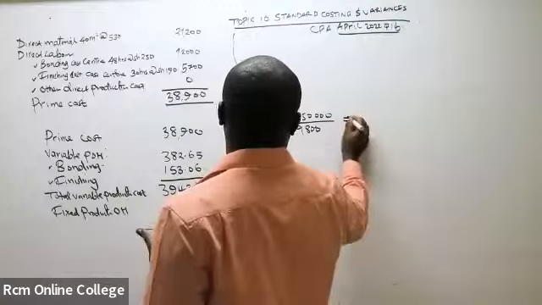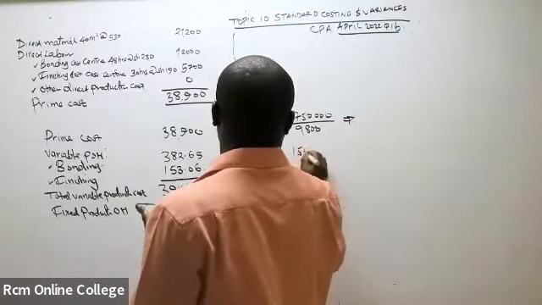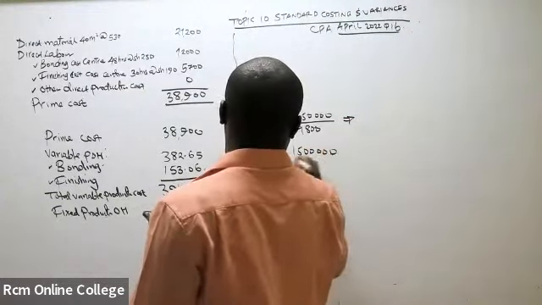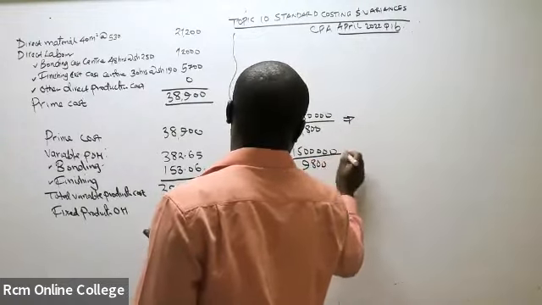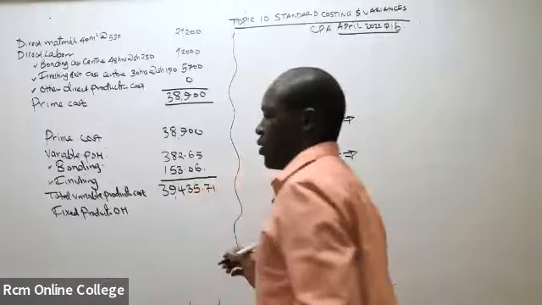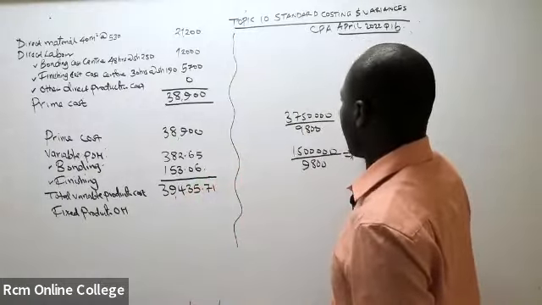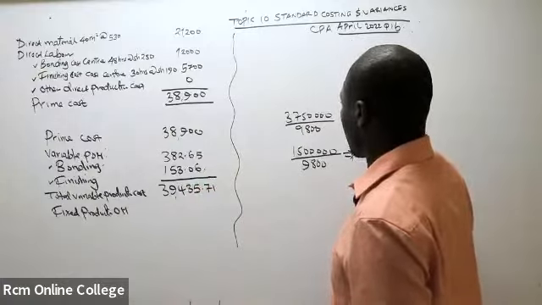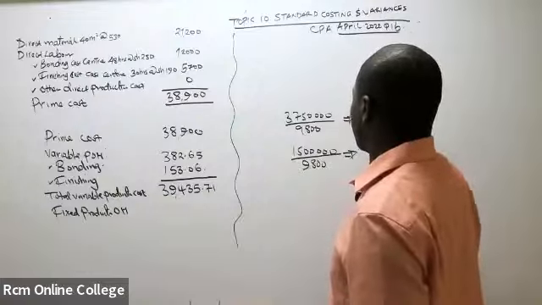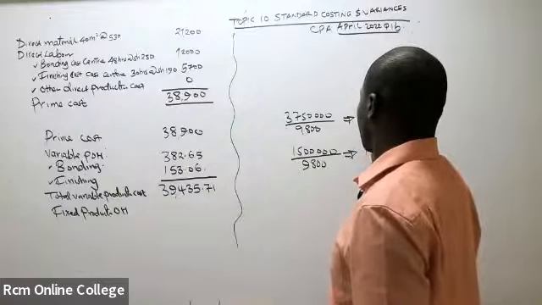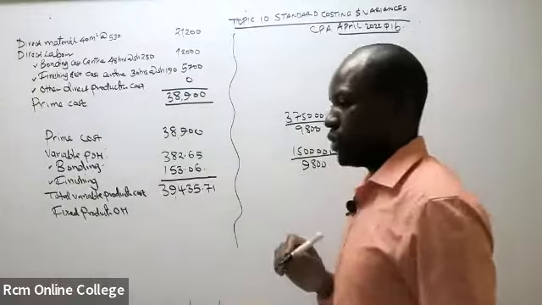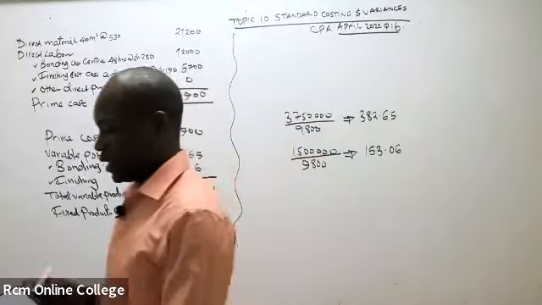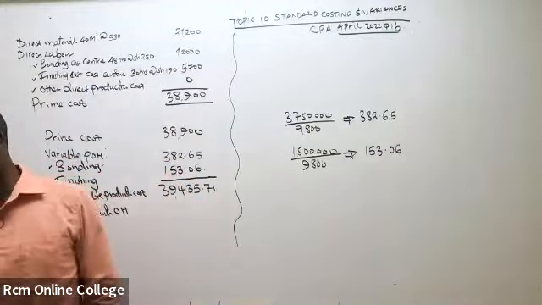Give me the answer. Then 1,500 divided by 9,800. Give me the answer. If they are different from these figures, please let me know, Jeff and any other person.